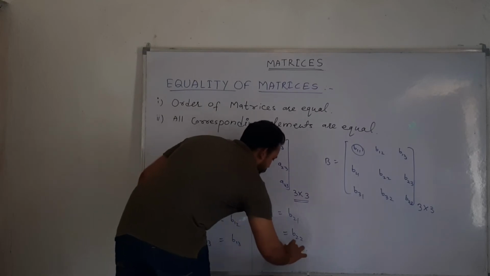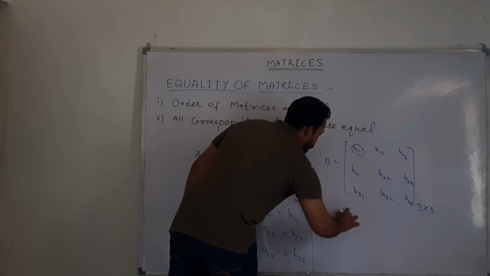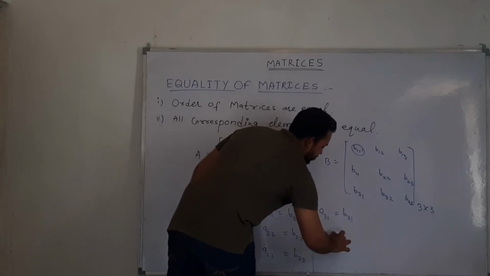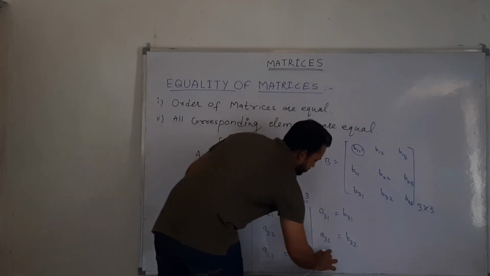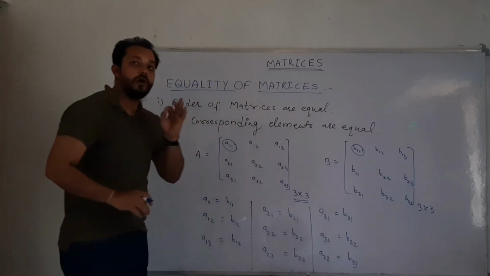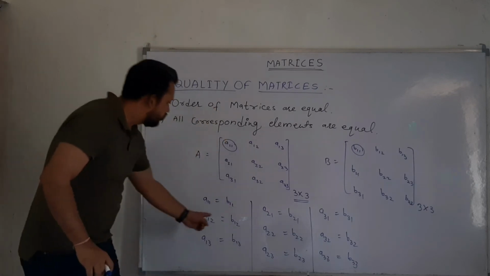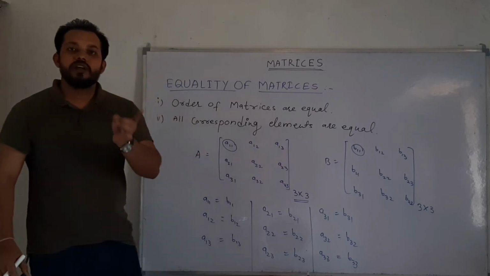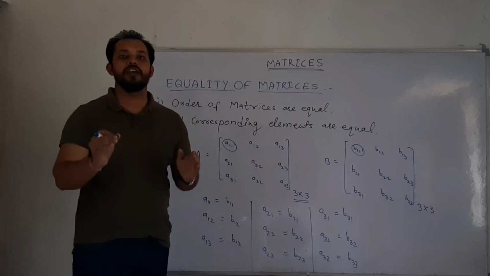A23 equal to B23. A31 is equal to B31. A32 is equal to B32 and A33 is equal to B33. If each and every corresponding element of the two matrices is equal, then only we can say that both the matrices are equal. This is called equality of matrices.